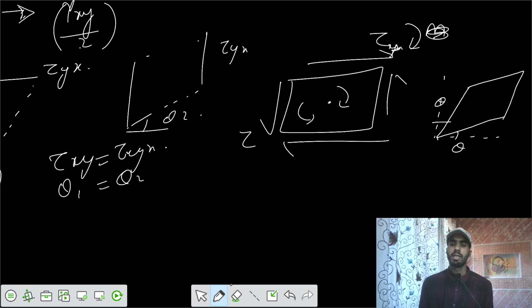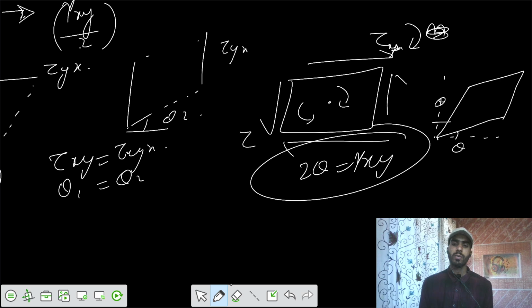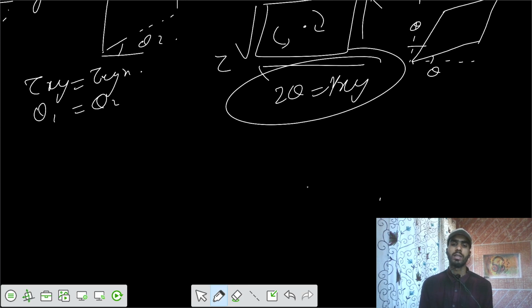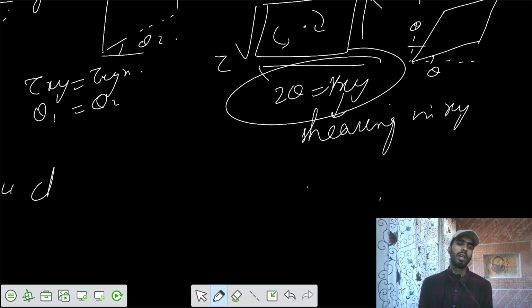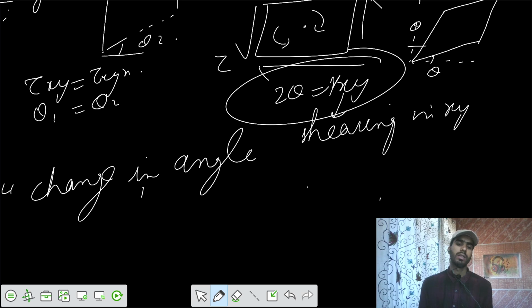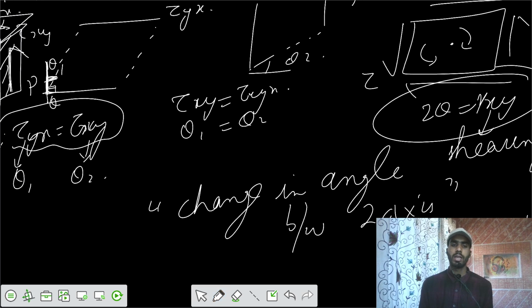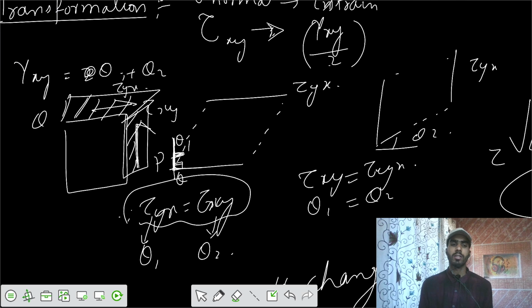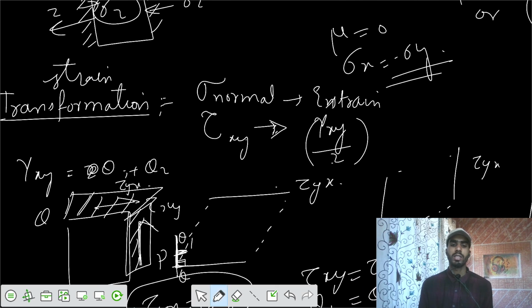So we say 2 theta equals gamma, in that gamma xy represents the change in angle between the two axes. That gamma xy is the shearing strain in the xy plane. So that's why in the stress-strain transformation we change tau xy to gamma xy by 2.